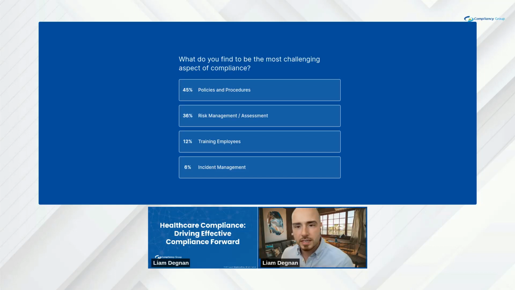And we're just giving it a quick second to let all these answers roll in. So it's a very, very close tie between policy and procedure and risk assessment. Looks like risk assessment is definitely edging out policy and procedure. And that's interesting to see. It's a very, very common problem within the space as a whole.